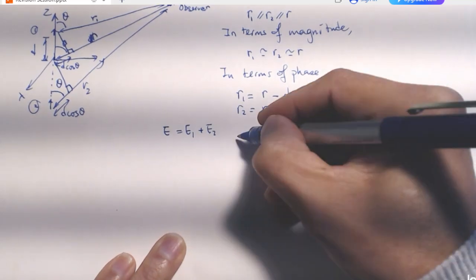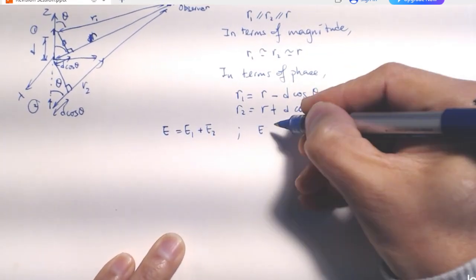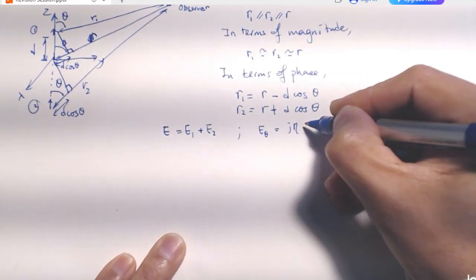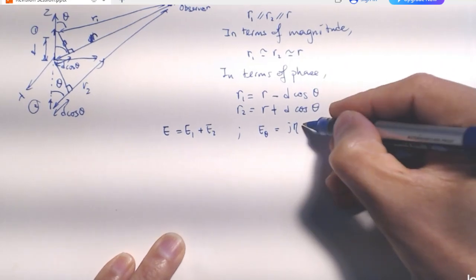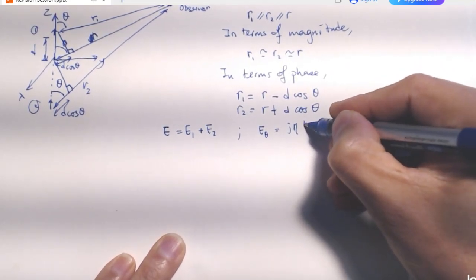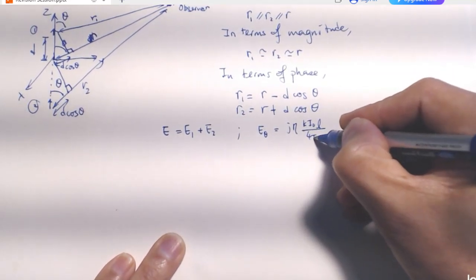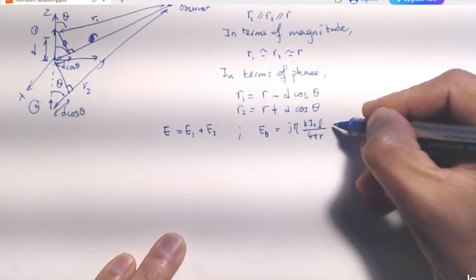And we are going to use the formula that we have learned from the chapter on magnetic vector potential.